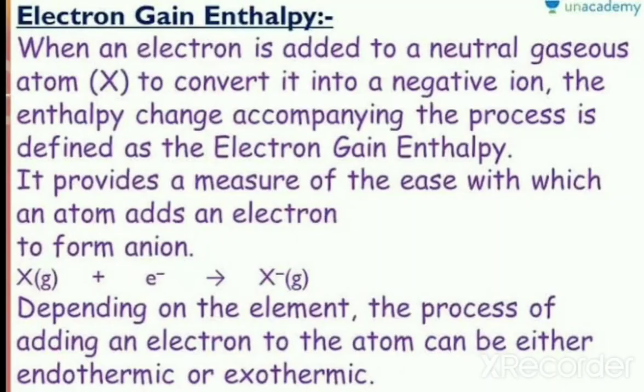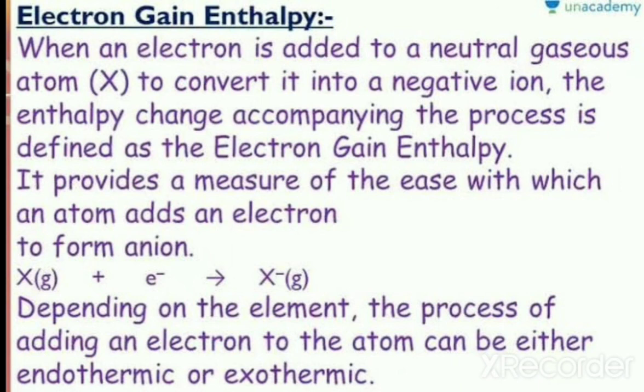We have studied that ionization enthalpy is the energy required to remove an electron from an atom. So let us now try to learn the energy changes that occur when an electron is added to an atom. This energy change that occurs when an electron is added to an atom is known as electron gain enthalpy. It provides a measure of the ease with which an atom adds an electron.